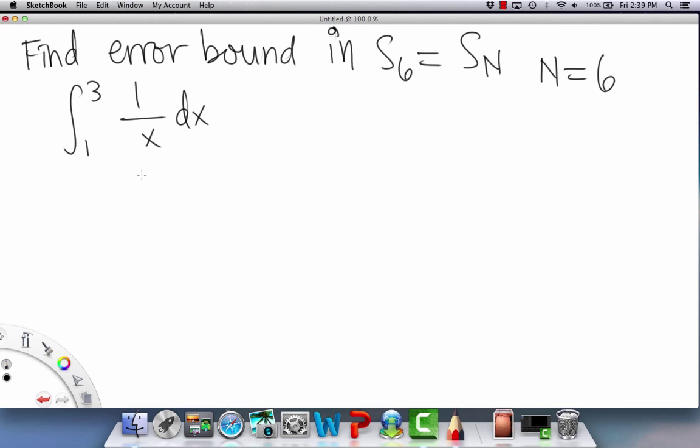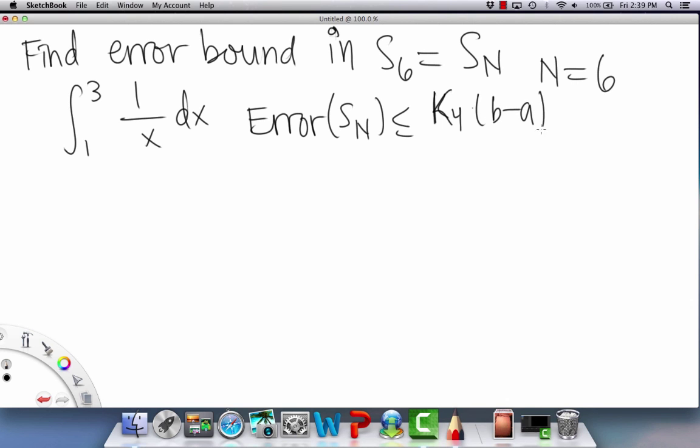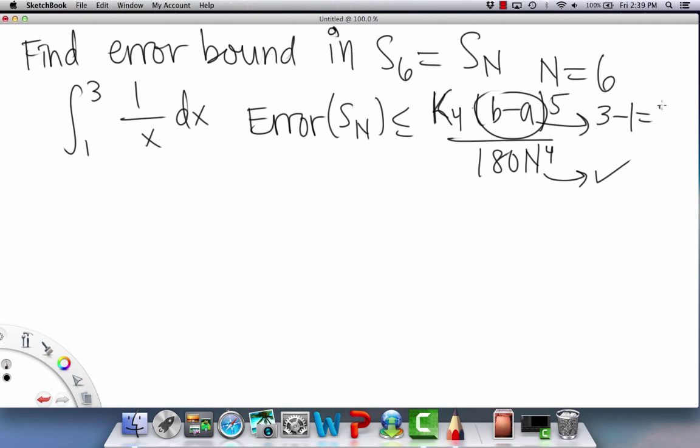So here's our formula again. It's always good to write down the general formula, with just the variables and not the numbers plugged in, because then you get used to writing it and it becomes a standard process, and you become familiar with it. And then we have 180 n to the 4th. So we know our n. That's good. We know b and a. That's going to be 3 minus 1, which equals 2.